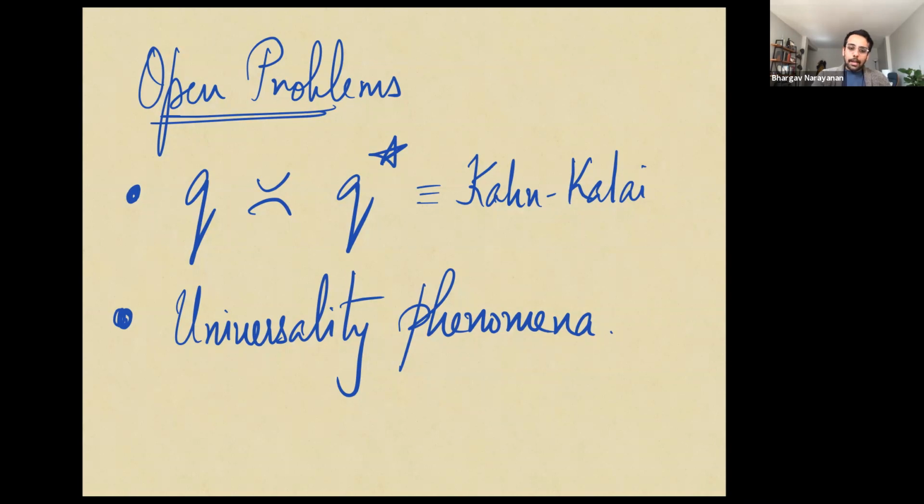Okay, and there are still some open problems concerning universality type phenomena that I didn't really have a chance to touch upon. And maybe I'll say a brief word about what I mean here.